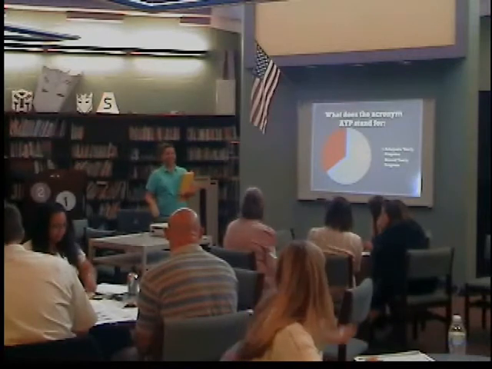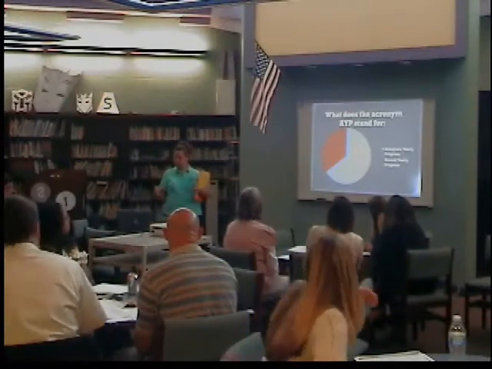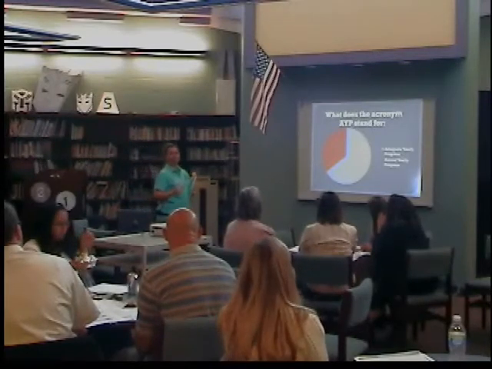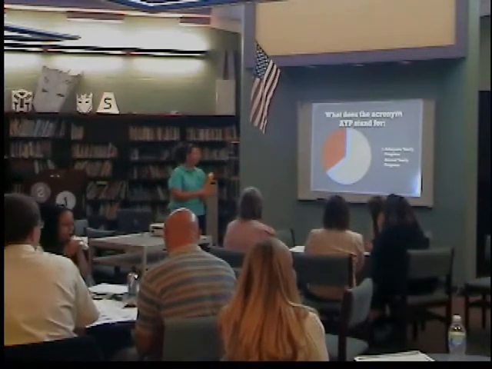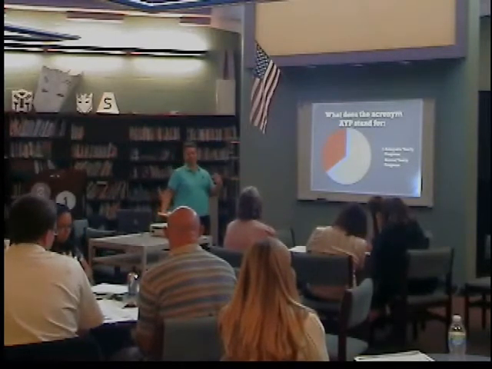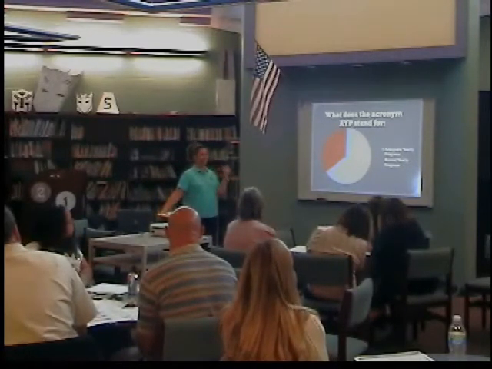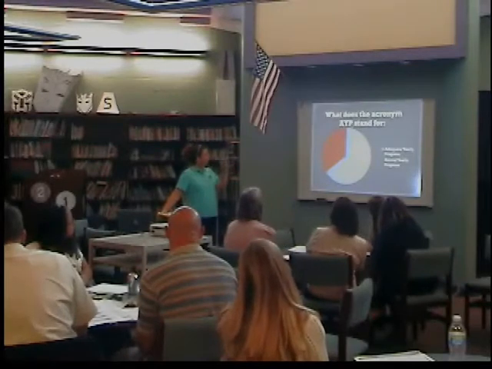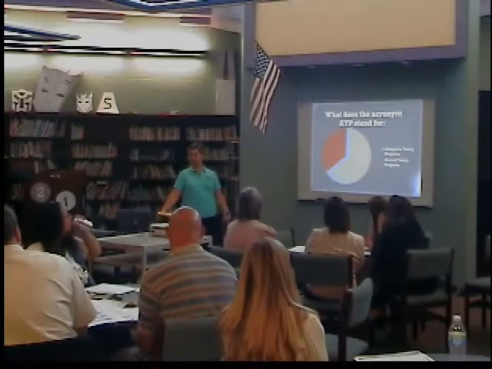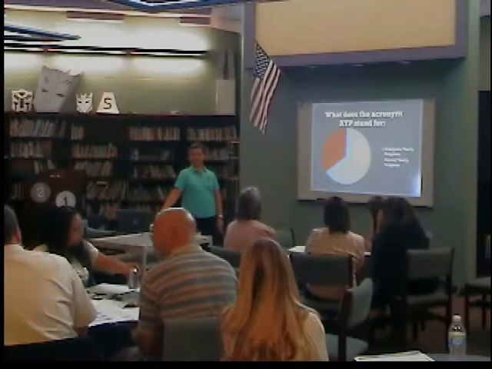I put our needs analysis up on the chart so we can see where we are as a staff. Last year I spent quite a bit of time talking about AYP, and so I was curious about what your retention was on AYP. And so AYP actually does stand for Adequate Yearly Progress. Several of us thought it was Annual Yearly Progress, and that's quite common, actually, for it to be annual.